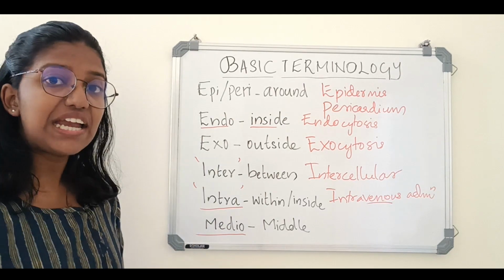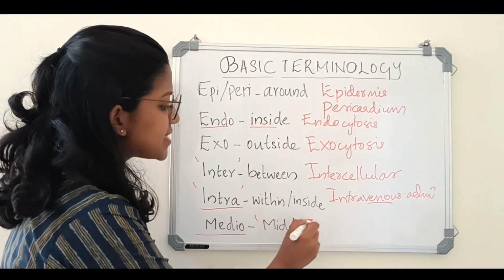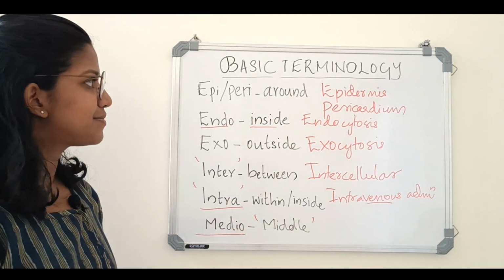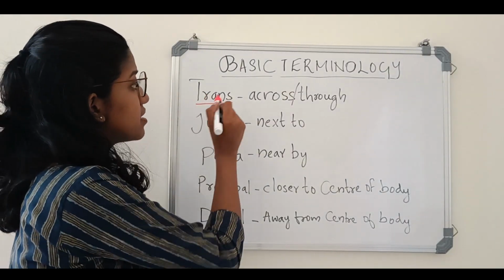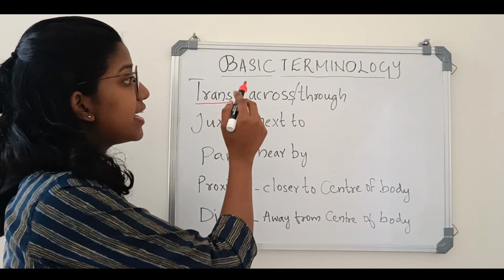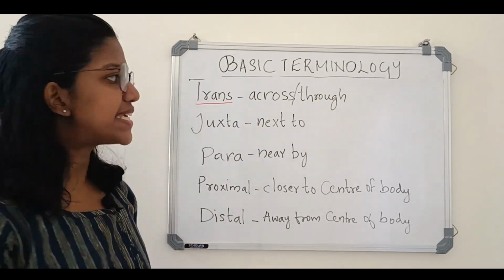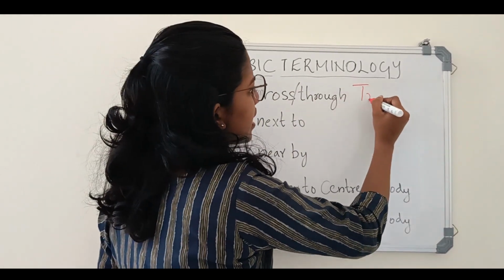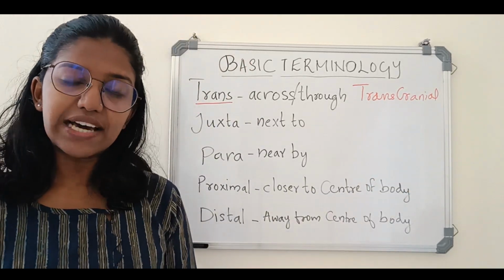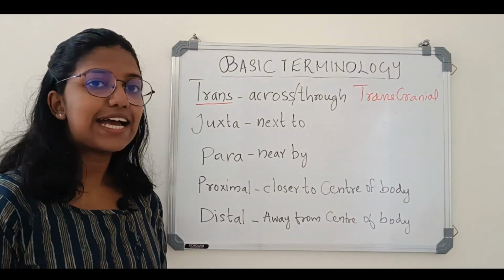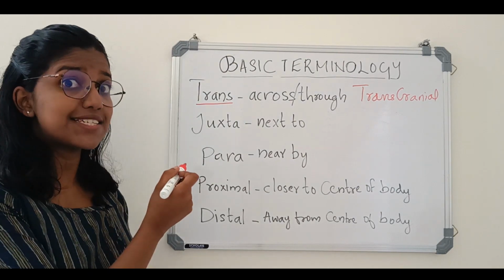Now the term medio. Medio means middle. Okay. Guys, the term trans. Trans means across or through. We could say transcranial. That means through the cranium. And what about the term juxta?